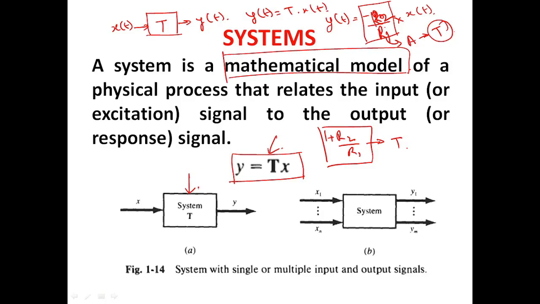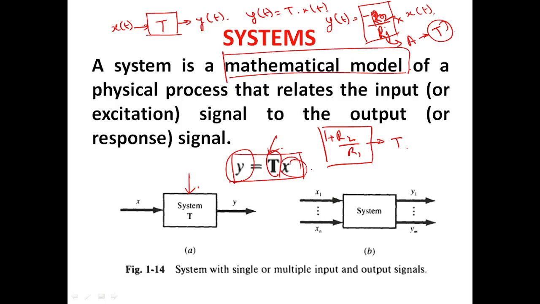If you take an integrator, you will have some other mathematical model. If you give some input, you will have some output. The most important thing is that your output is the multiplication of the transfer function with the input signal. So your input signal gets multiplied to give an output.